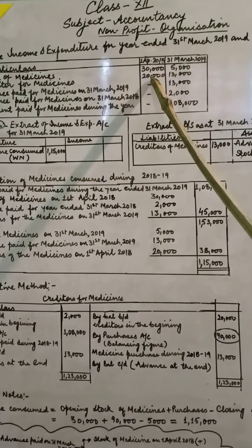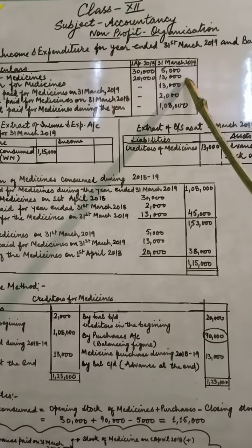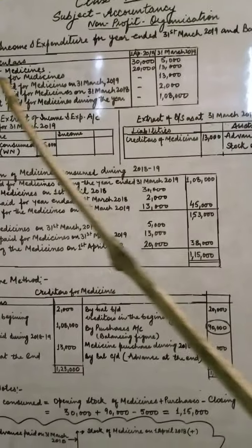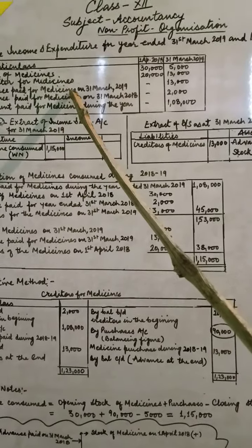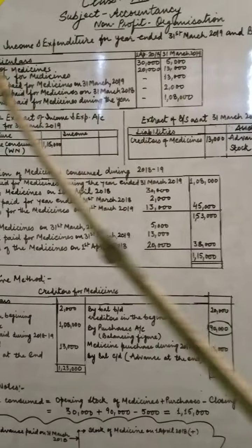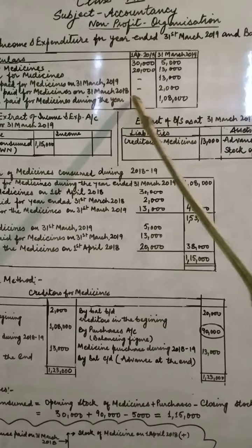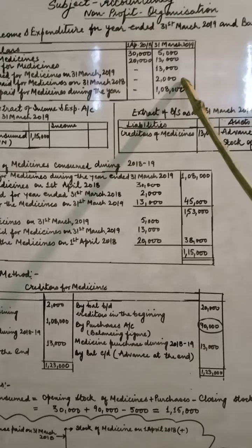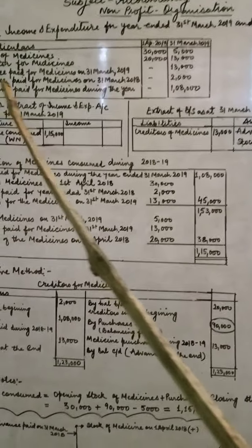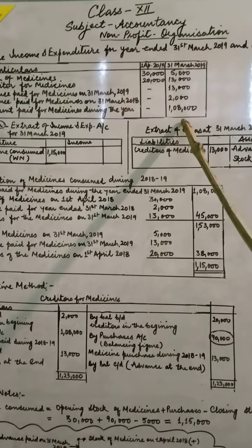It is 20,000 for 2018 and 13,000 for 2019. Advance paid for medicine on 31st March 19 is given 13,000. Advance paid for medicine on 31st March 2018 is given 2,000. And the amount paid for medicine during the year is given 1,08,000.